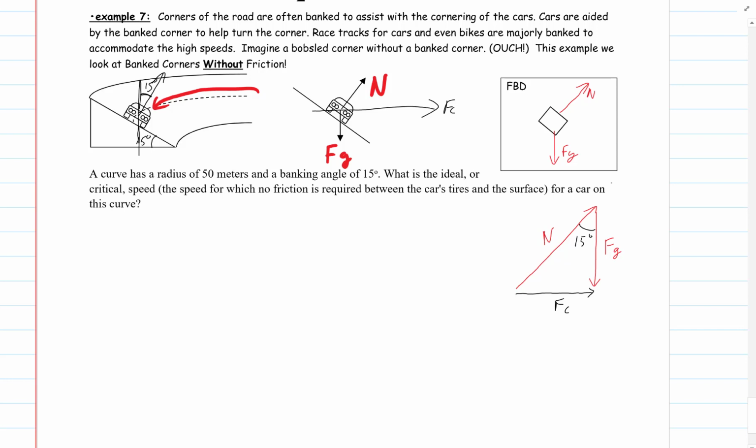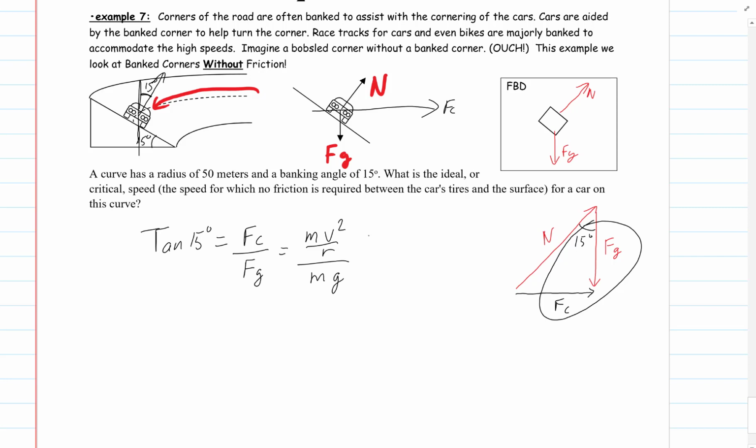Okay. So we'll use these things, force of gravity and centripetal force, so that the tan of 15 is equal to the centripetal force all over the force of gravity, which is going to be mv squared over r all over mg.